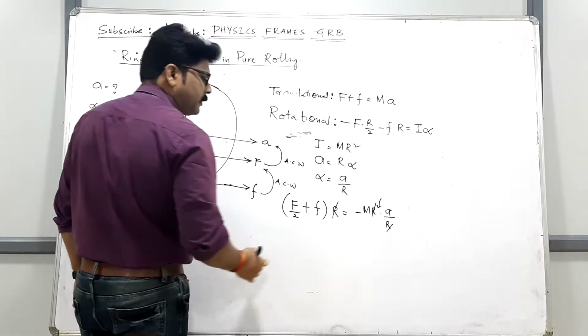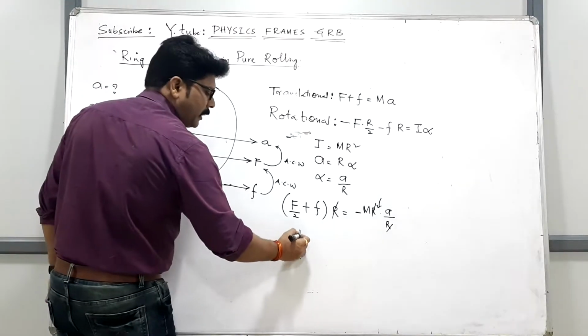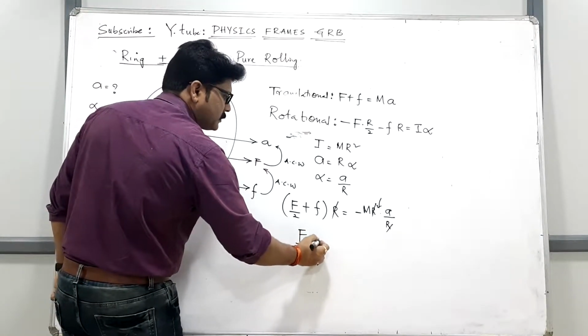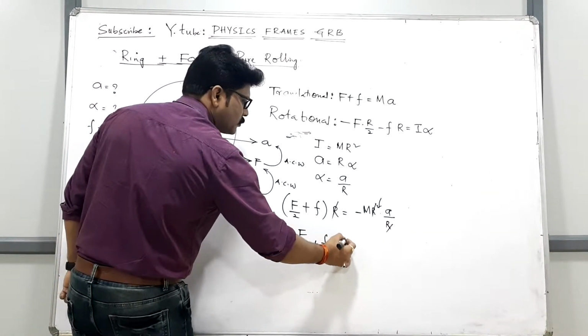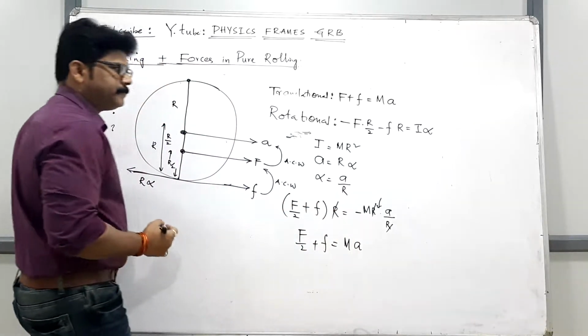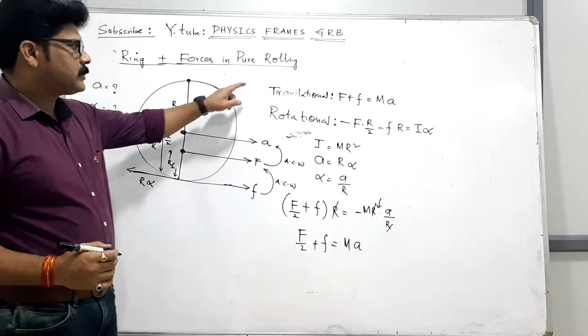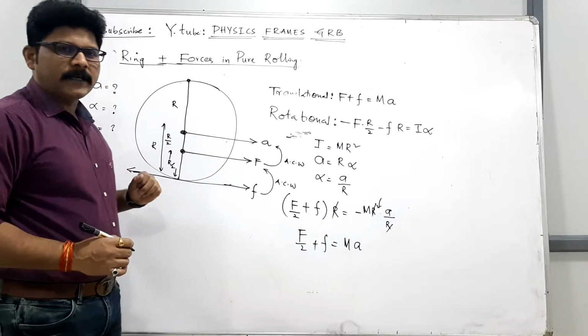Now what am I getting? F by 2 plus small f equals M into A.